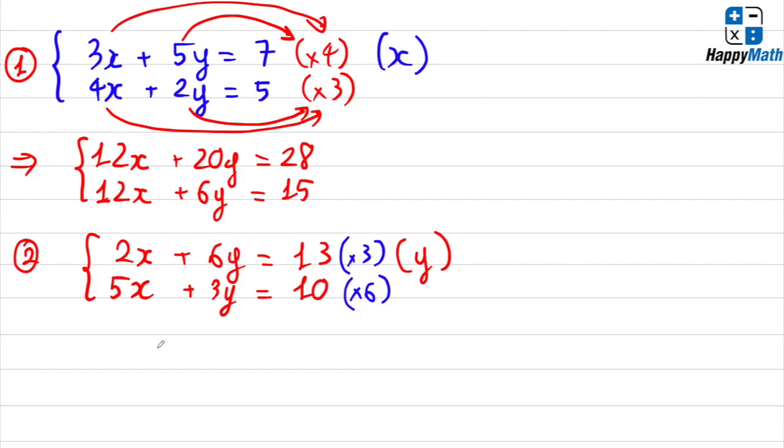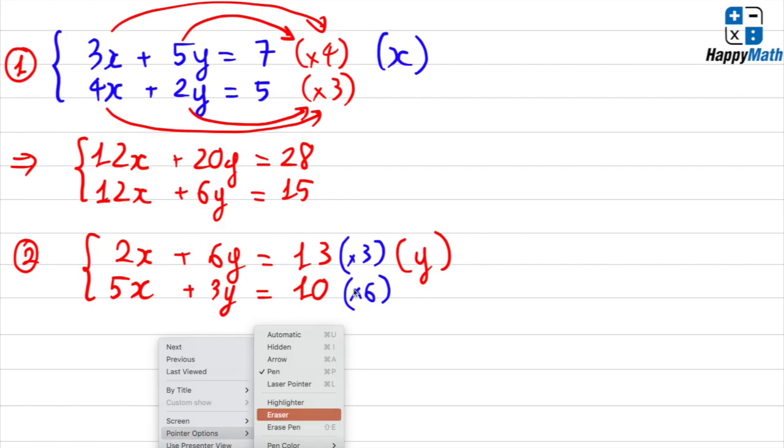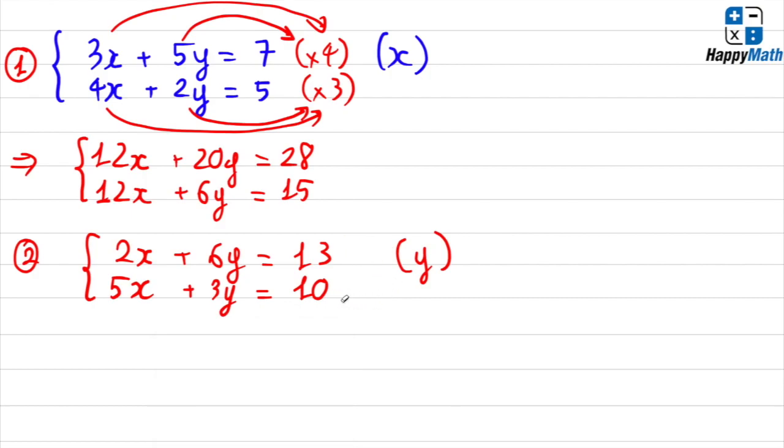But I'm thinking more about the numbers: if I multiply the second one by 3, I will have 6y, and the first one I only multiply by 1 because 6y is unchanged. So I don't need to multiply by 6 or by 3 in the other one. The numbers become a little bit larger. Okay, so I will choose 1 and 2.